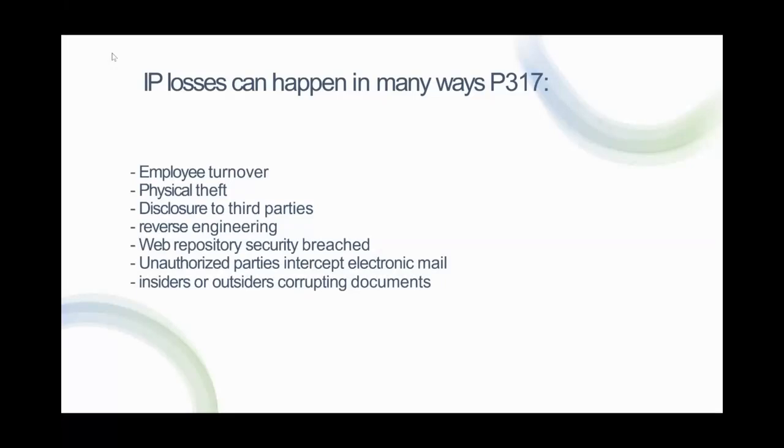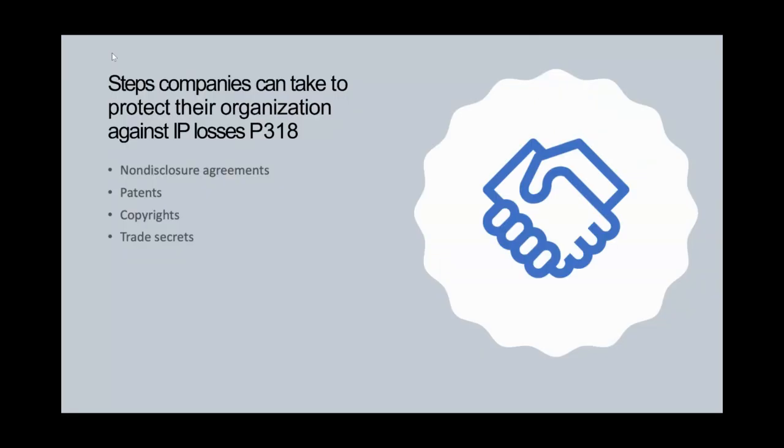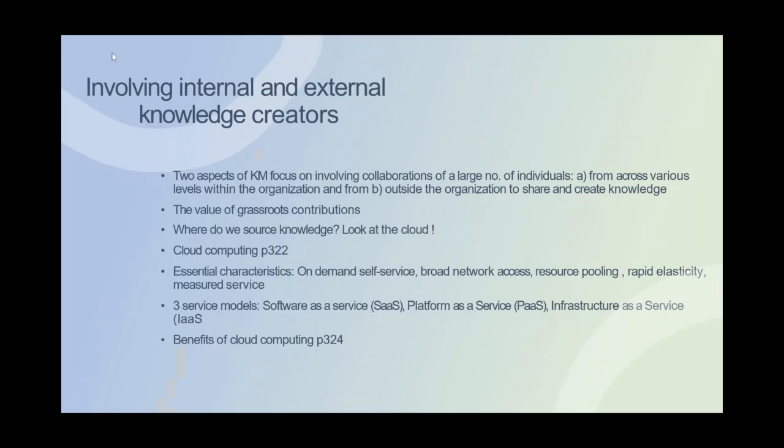Then here, IP losses can happen in many ways: employee turnover, people leaving, physical theft, disclosure to third parties, and the list goes on and on. Then here, steps companies can take to protect their organization against IP losses: non-disclosure agreements, patents, copyrights, trade secrets. So should you know the definition?